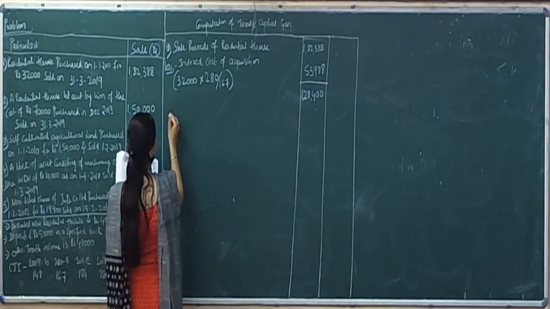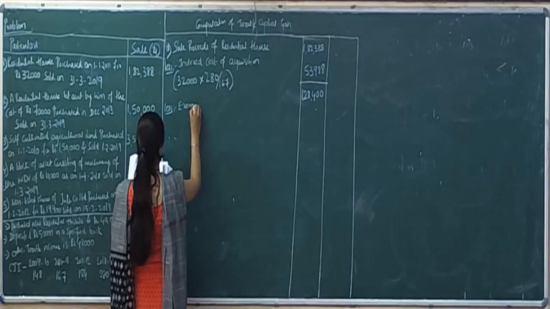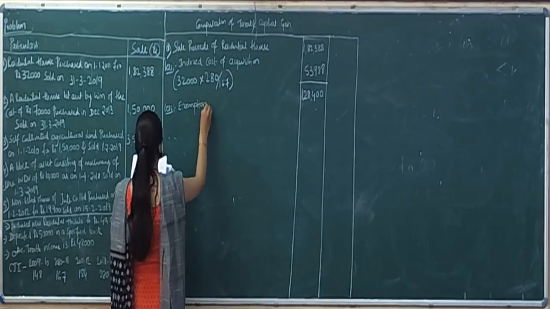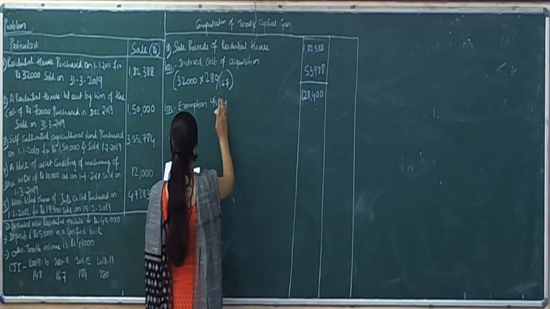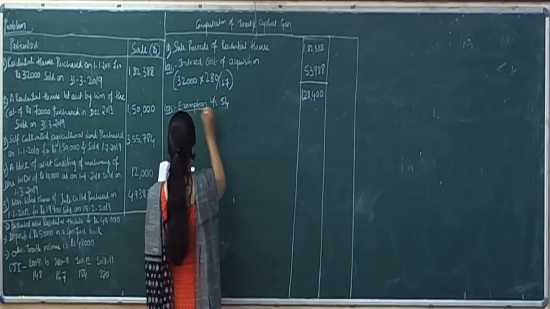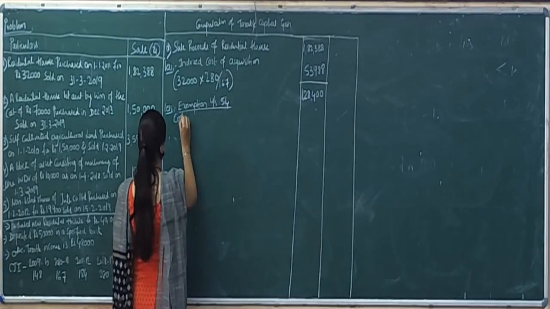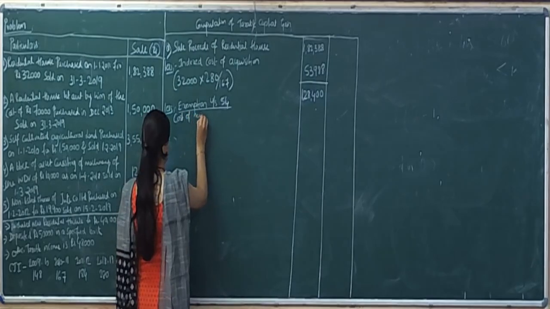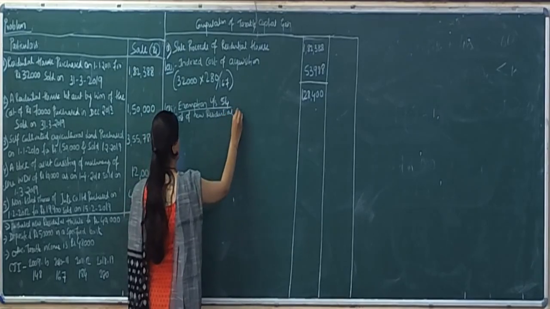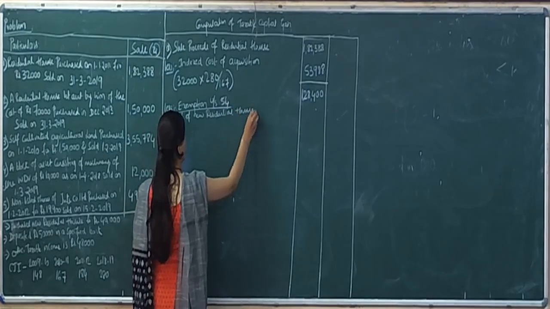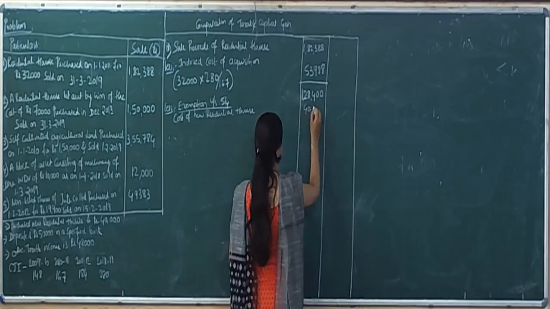So we write less exemption under section 54, that is cost of new residential house, 40,000.